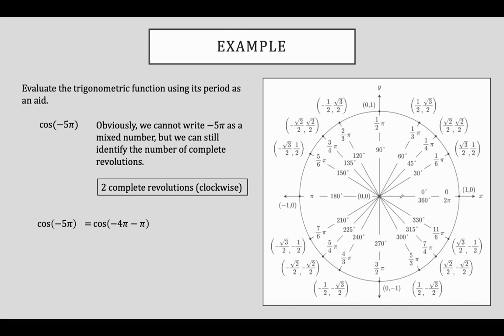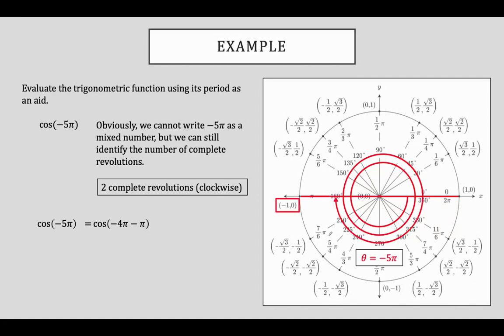So what does that mean? Well, let's come over to our unit circle and let's count it out. Again, we start on the positive x-axis and we are going in the clockwise direction. There's negative 2 pi, negative 4 pi, and we have to continue another negative pi, bringing us to negative 5 pi. And the corresponding ordered pair is negative 1, 0. So what does this mean?